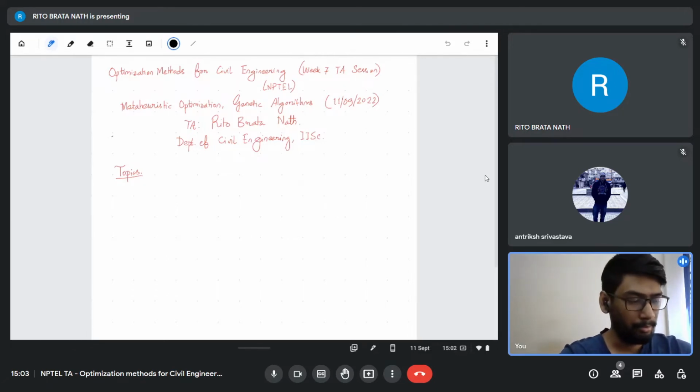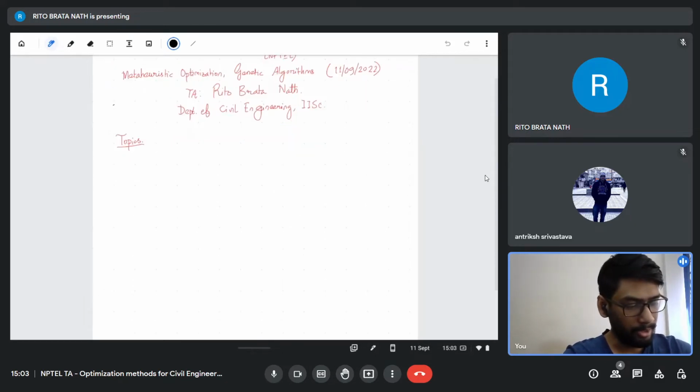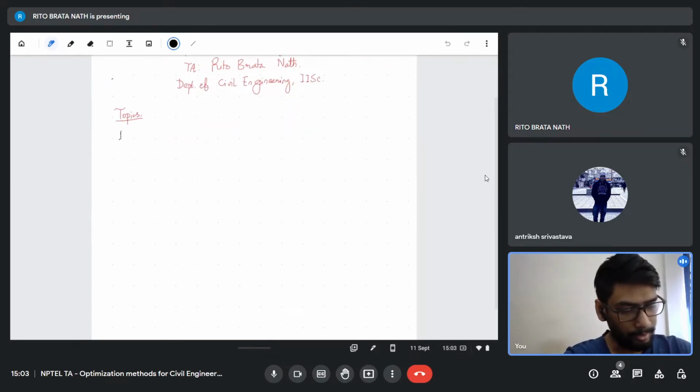So to broadly discuss first the topics that I'll be covering today. First is a bit of the limitations of the classical optimization technique. Sir has already discussed this in the class, but I'll briefly talk about it before diving into metaheuristic optimization.